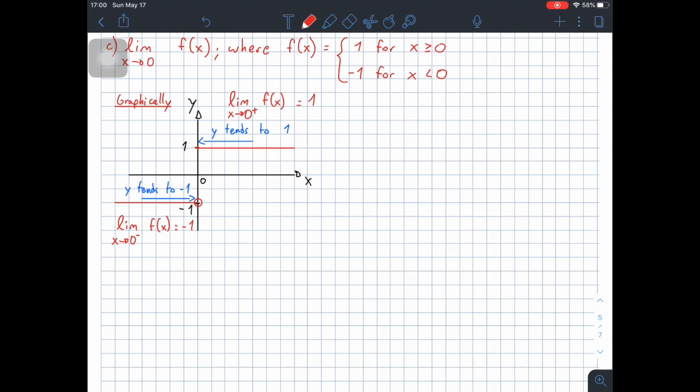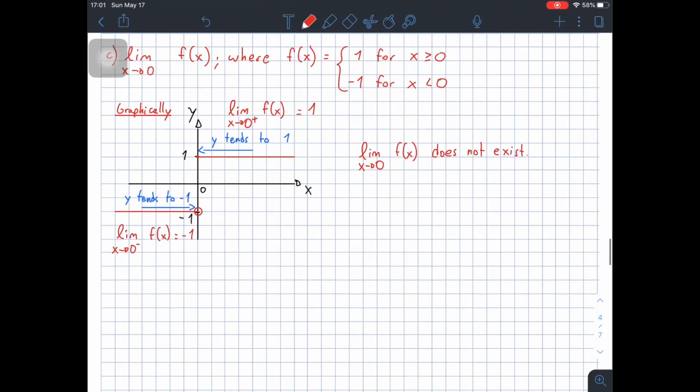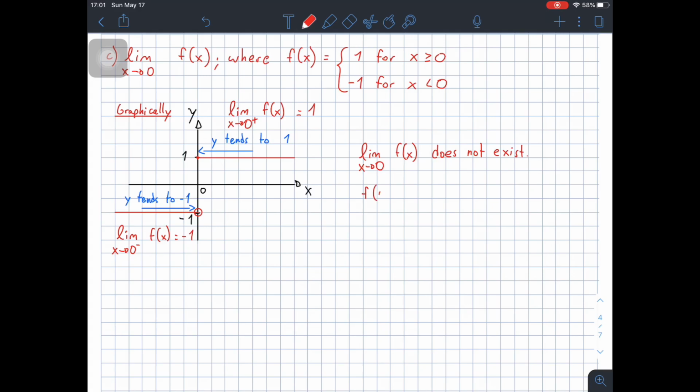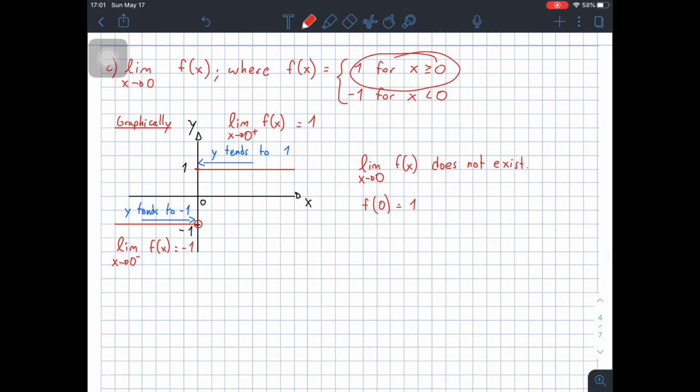So since these two are different, we're going to conclude that the limit of f of x when x approaches 0 does not exist, right? We're approaching different values. But the value of f of 0 does exist. The value of f of 0 is this value over here, which is 1, because it is defined for x equals 0 in this category, okay? So the function is defined, but the limit does not exist.